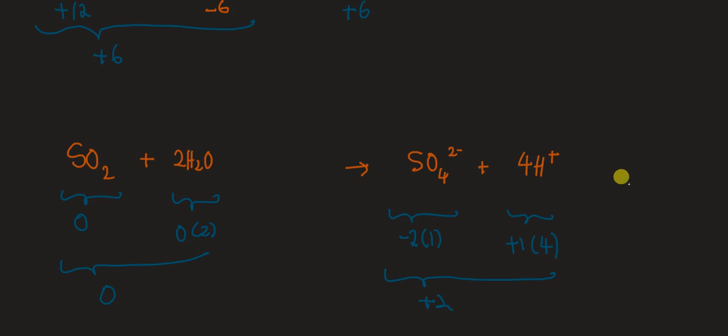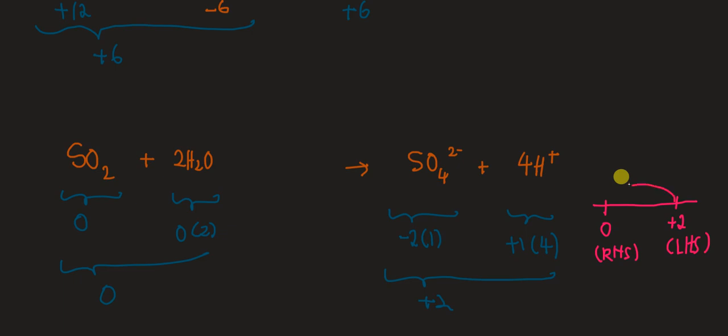So +2 on the right hand side and 0 on the left hand side. So we add electrons on the left hand side, which will proceed to the right hand side.